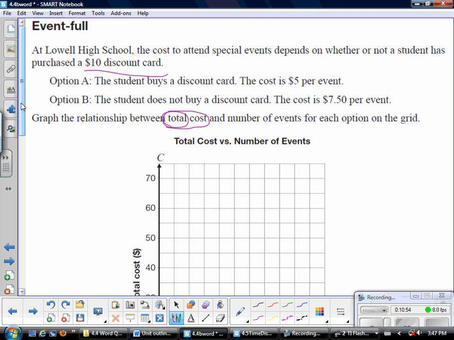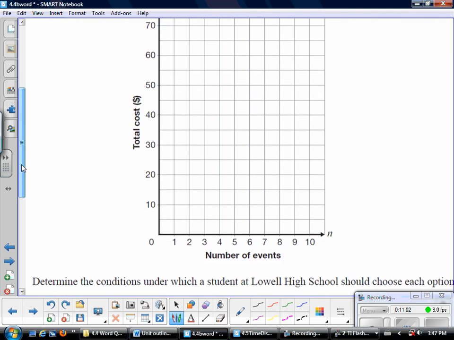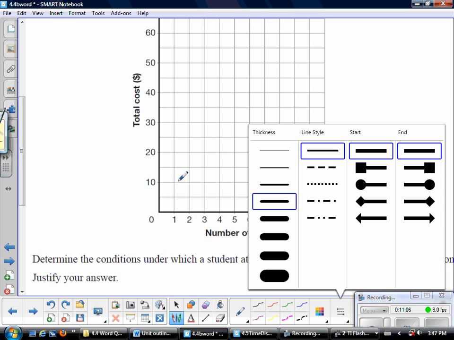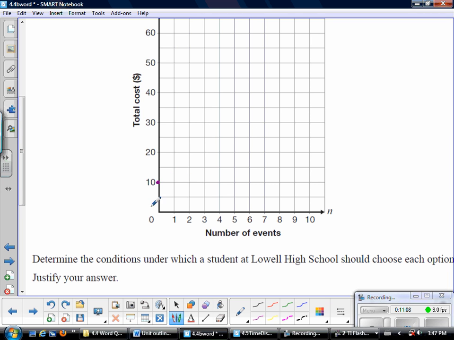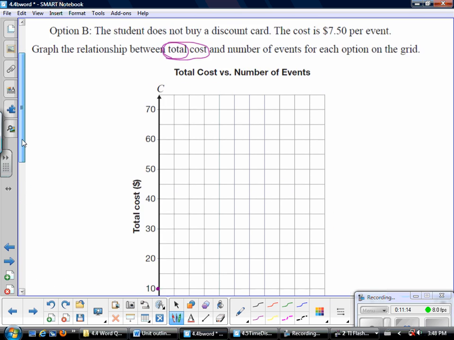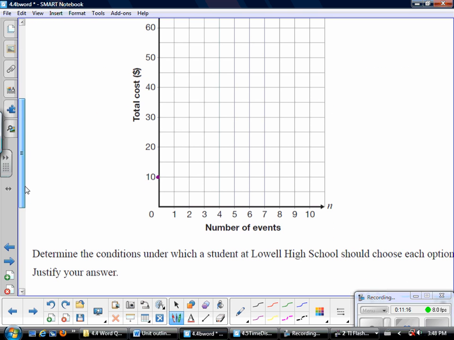Okay, so option one, the person buys a student card. So even if they don't go to any event, it's going to cost them $10. And then every time they go to see an event, it costs them another 5. So one event would cost 15.